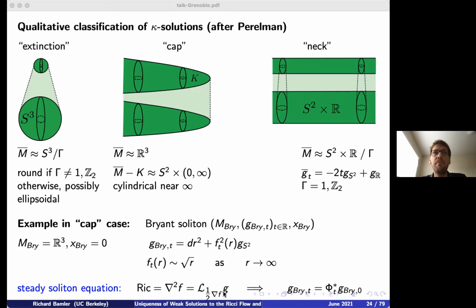If I put some of the Bryan soliton metric here, then f would also depend on time. Yeah, and f would just evolve again by pullback of the corresponding diffeomorphisms. Okay, yeah. So again, it was remarked that we can also define a steady soliton equation for a Ricci flow, in which case f would have to depend on time. Yeah, thank you for the remark.